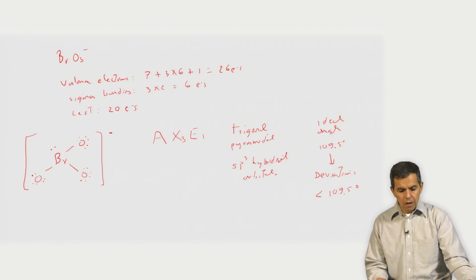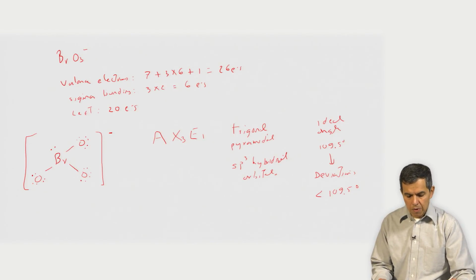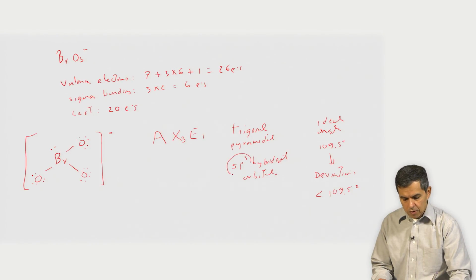And in summary then, we went from the Lewis structure to the molecular shape, and then we used that to determine the hybridization status, and then we used that to predict the ideal angles, and then considering the electron repulsion, we went to the deviations that are expected from that.